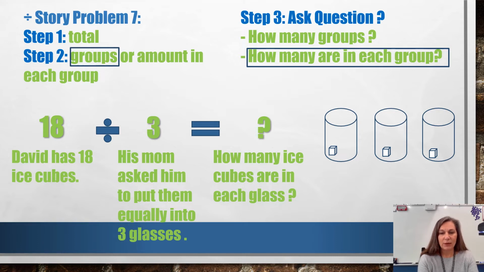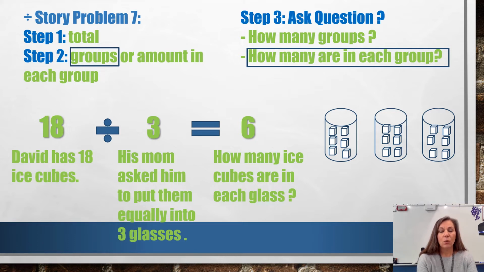So right now I have 3, 4, 5, 6, 7, 8, 9, 10, 11, 12, 13, 14, 15, 16, 17, and finally 18 ice cubes have all been shared into the 3 glasses. Now you can see here that you have how many ice cubes in each glass? Right, we have 6 ice cubes in each glass.